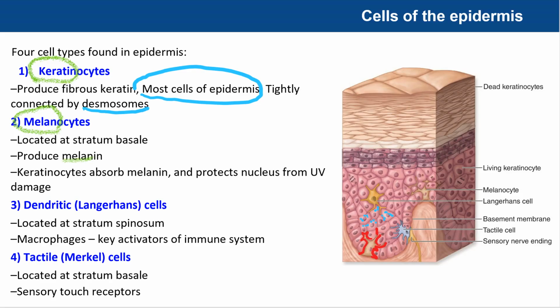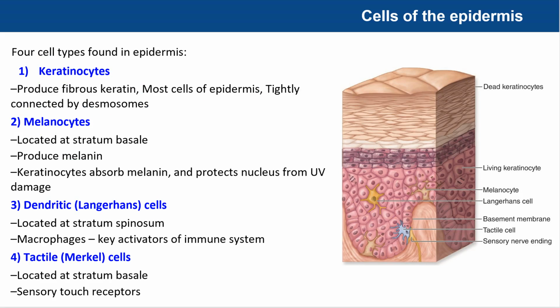In the keratinocyte, the melanin is going to make a shield around the nucleus like this, which is going to protect the nucleus, or the genetic material inside of the nucleus, from UV damage.